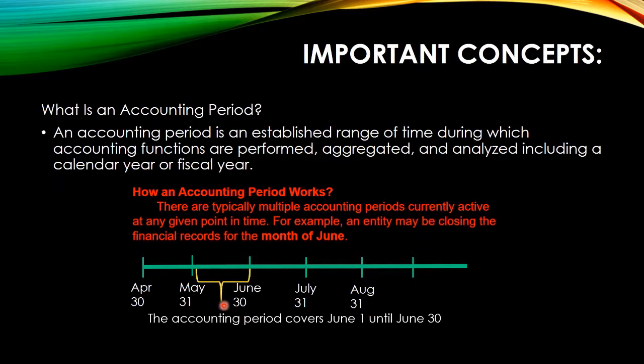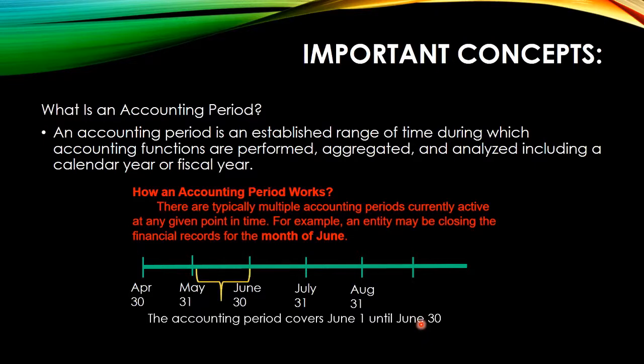So make sure that the expenses and income that you record or that would reflect on your financial statements are the correct amounts covered in the particular accounting period, meaning it should be the income and expenses on June 1 until June 30. It should not be the income and expenses before June 1 and income and expenses after June 30.